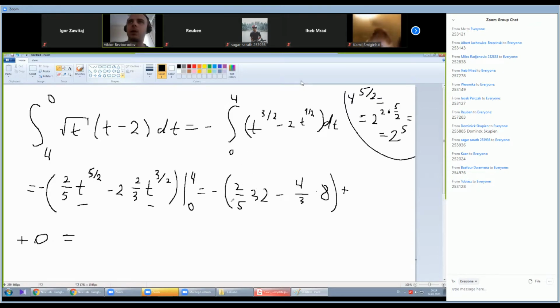Then we need to compute this, so this is going to be 64/5 with minus, and then plus 32/3, right? So now we need to compute this.